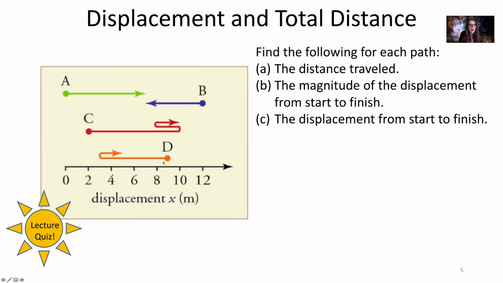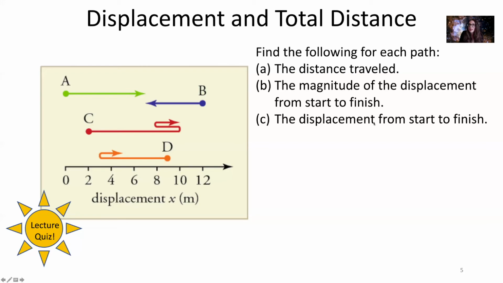My total distance traveled was this path here from 9 meters to 3 meters. So this part here is 6 meters. And then I change direction and I move from 3 meters to 5 meters. So that's an additional 2 meters. So the total distance that I traveled, from start to stop, was 8 meters.